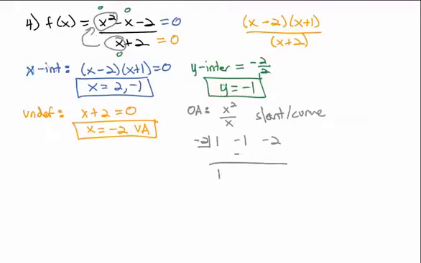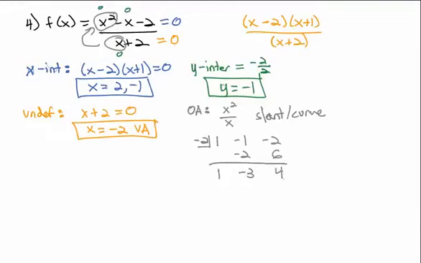Gives us 1, negative 2, negative 3, 6, and 4. So it's going to be 1x minus 3 with a remainder of 4. With slant asymptotes, we don't care about the remainder. The remainder tells us we're getting closer to x minus 3, but we're not actually going to hit it.